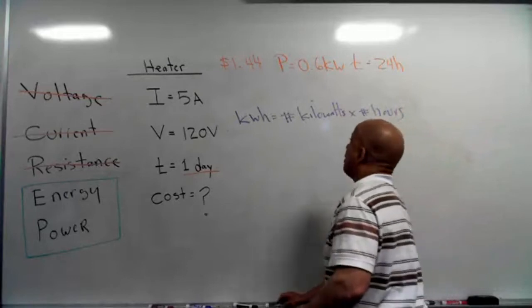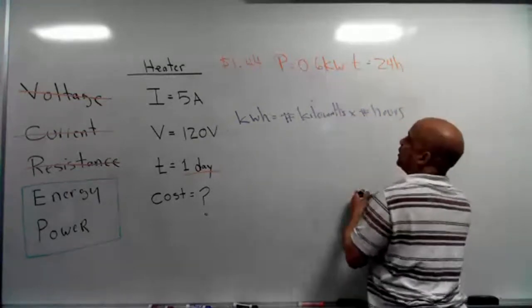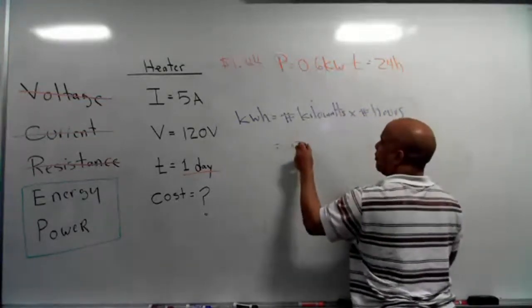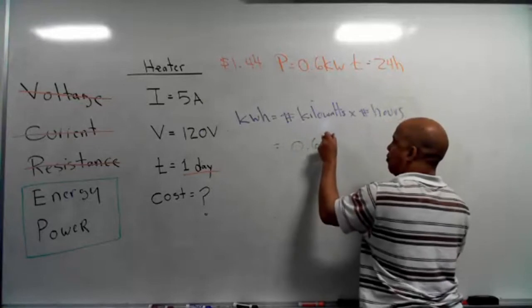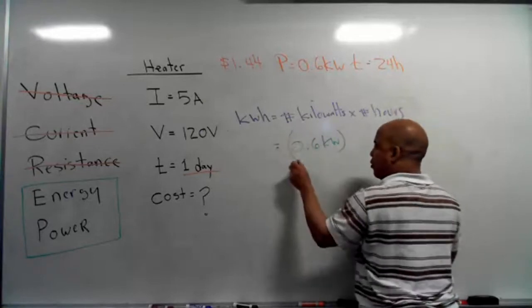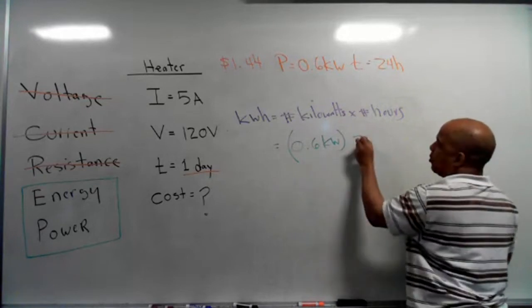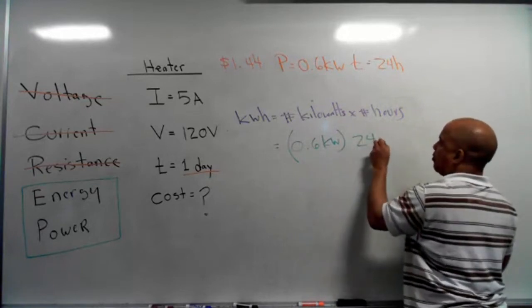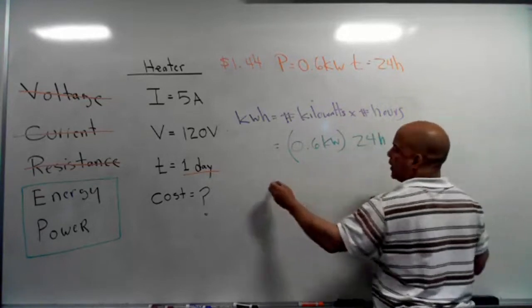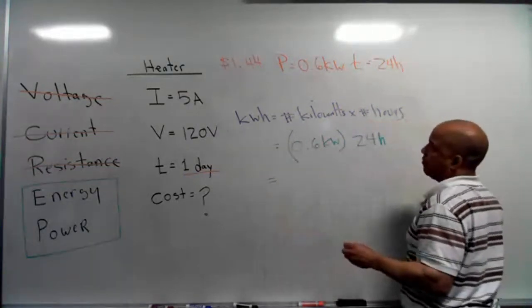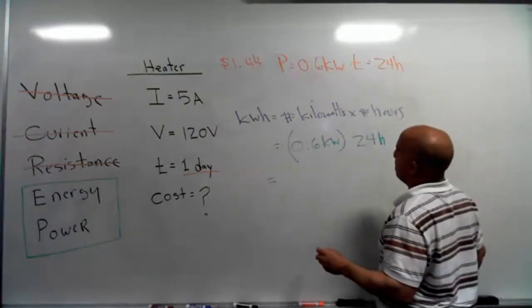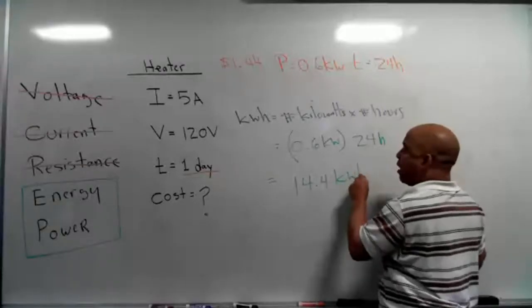We said that we got 0.6 kilowatts. We're going to use that 0.6 kilowatts for 24 hours. So how many kilowatt hours of energy is that? When you do the math, it's what? 14.4 kilowatt hours of energy.